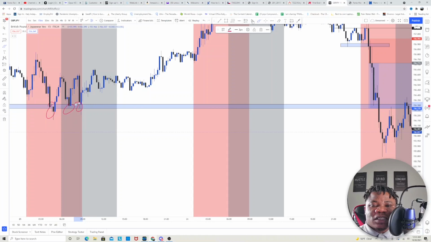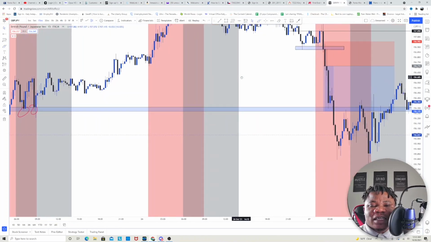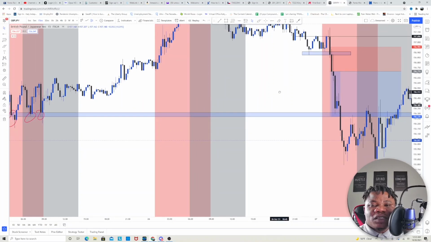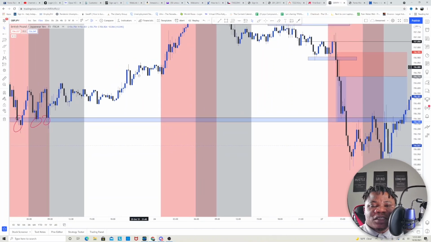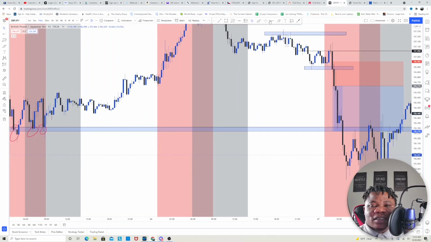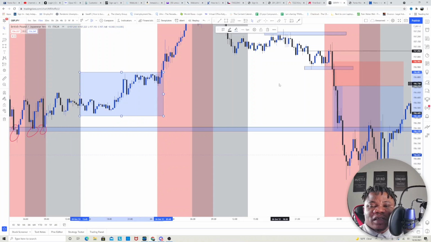So you can just anticipate that price is going to get to this zone, because at the end of the day, price eventually has to fill up all these candles right here to the left hand side.